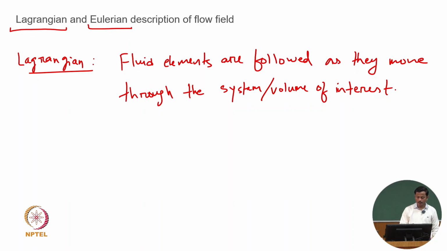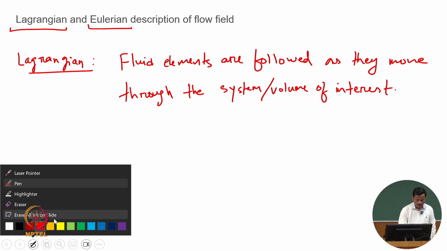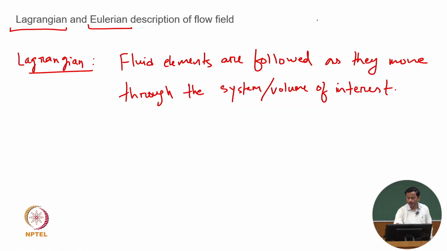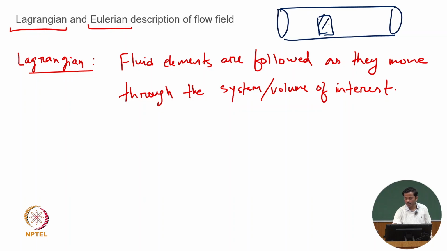So by fluid element, I mean a certain portion of the fluid that is of interest to you. For example, if there is a pipe flow and you choose a certain portion of your interest and you follow this element as it goes along in this pipe. So this is the system or the volume of interest that I'm talking about. So here pipe is the volume or the system of interest.